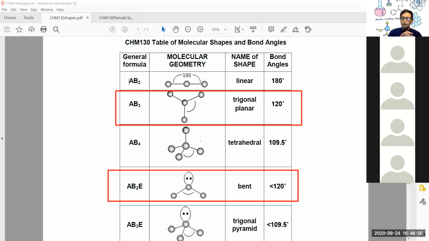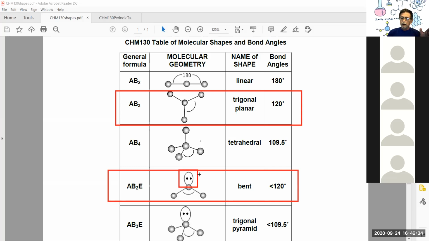You get that, Jordan? Okay. All right. So going back to this, the angle between the two oxygens for the structure we just made is much less than 120. And why is that? It's simply because those lone pairs occupy a lot more space.